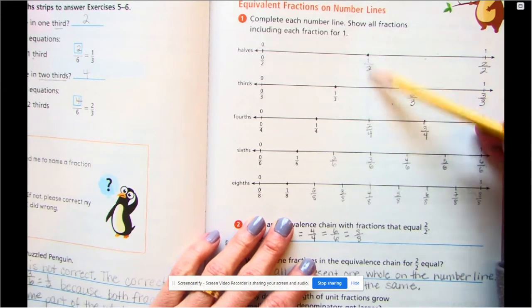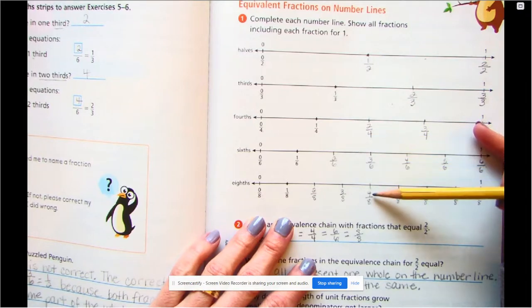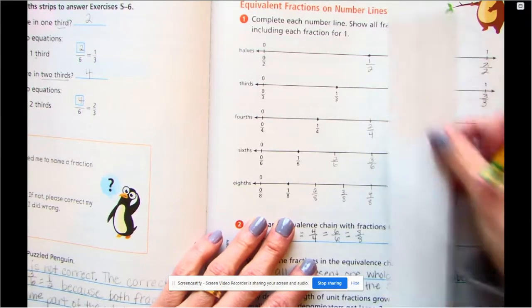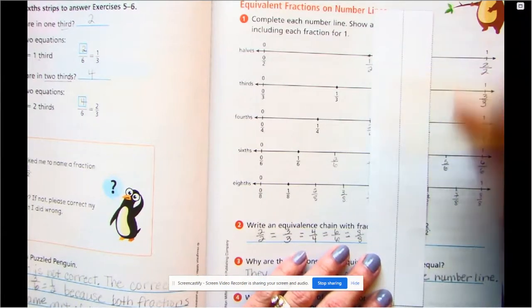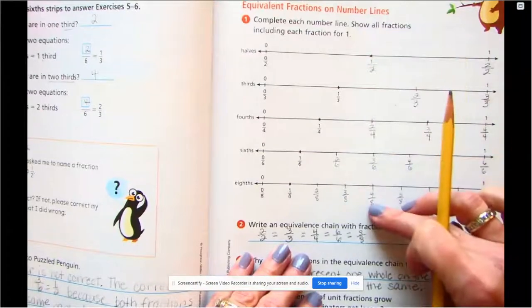If I look, I can see here's 2/4, here's 3/6, here's 4/8. They're all the same point on the number line, so they're equal, right? So if I try to divide my line equally like that, all of those fractions take up the same amount of space.